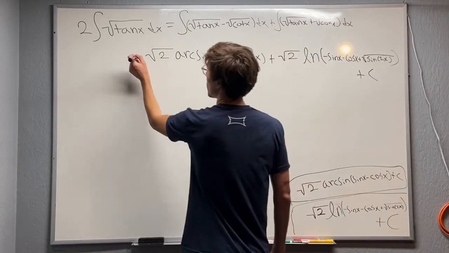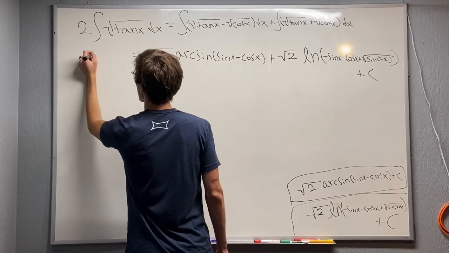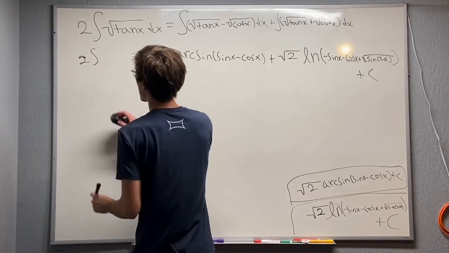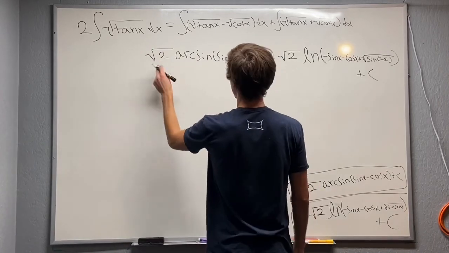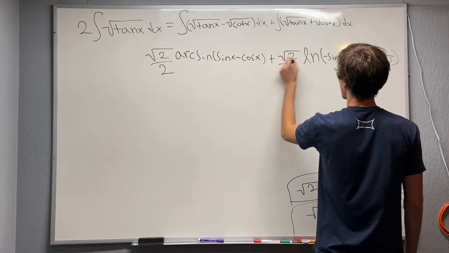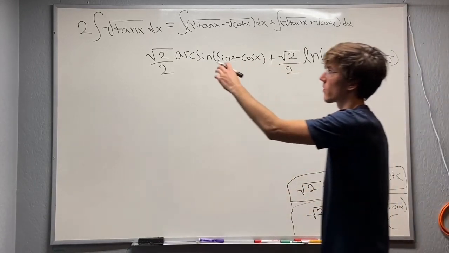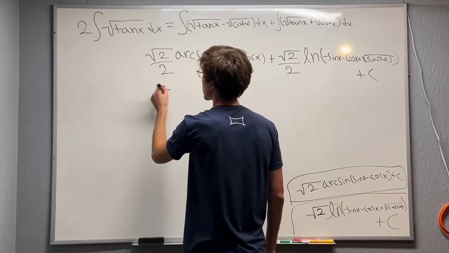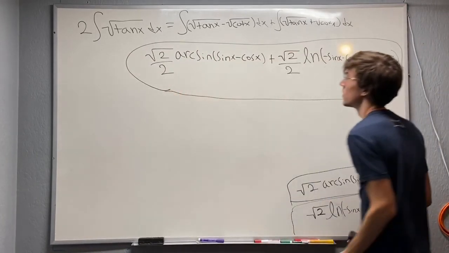And that's going to be equal to 2 times. So if we divide each term by 2, that is going to be our final answer of what the square root of the tangent of x is going to be equal to.